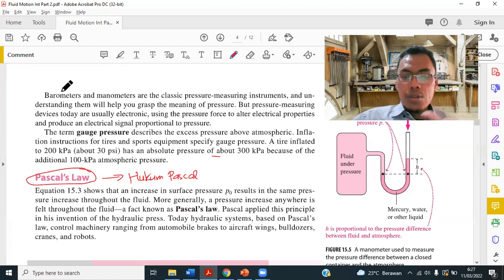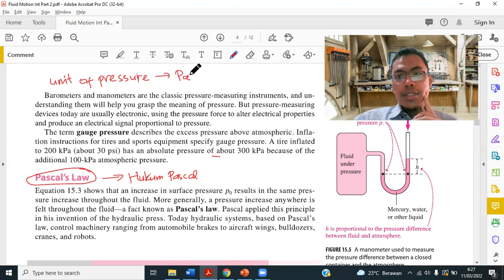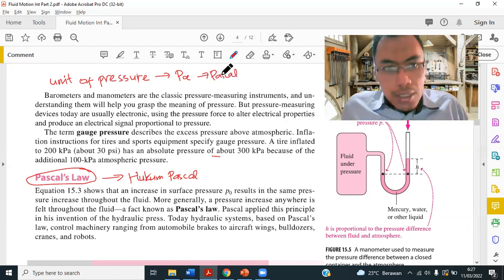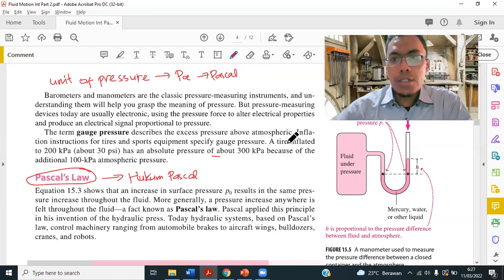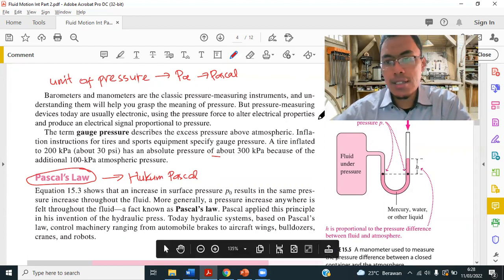So if you take a look at our previous meeting, then the unit of pressure is PA, yeah, and PA is the abbreviation of Pascal, ya. Jadi PA itu satuan tekanan, ya. PA adalah Pascal, ya. So the person named Pascal has the concept of Pascal's law, yeah.